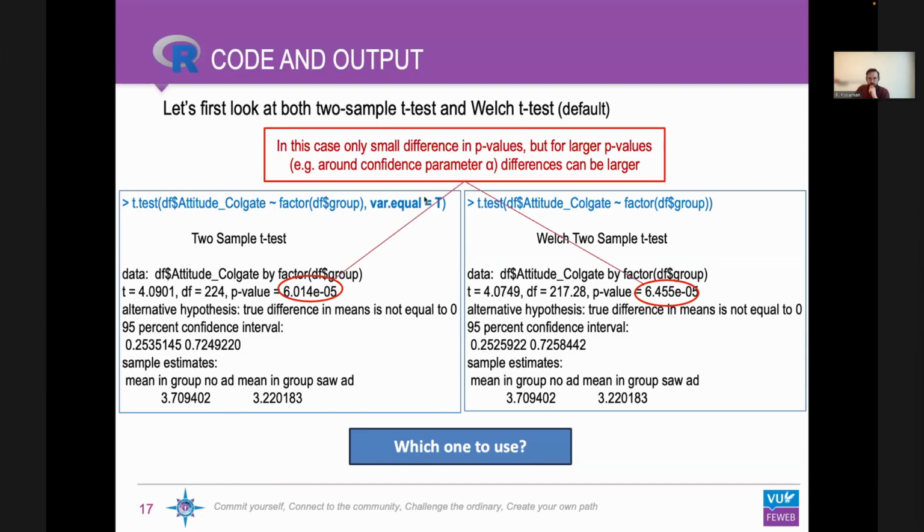This means we assume the variances are equal. In the default case, when you don't write anything, or you write var.equal equals FALSE, then you assume that the variances between the two groups are not equal.